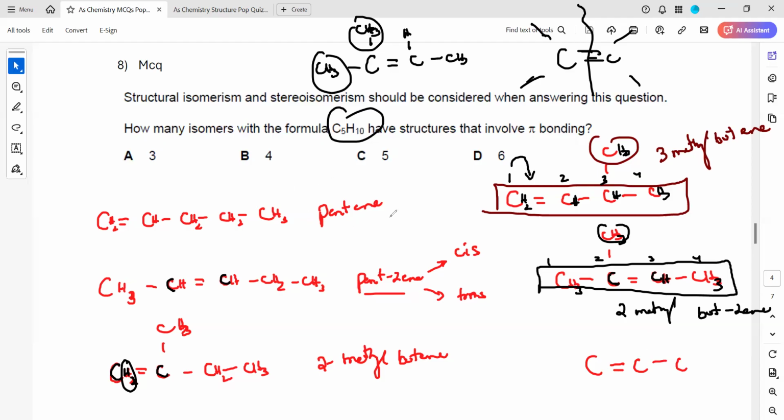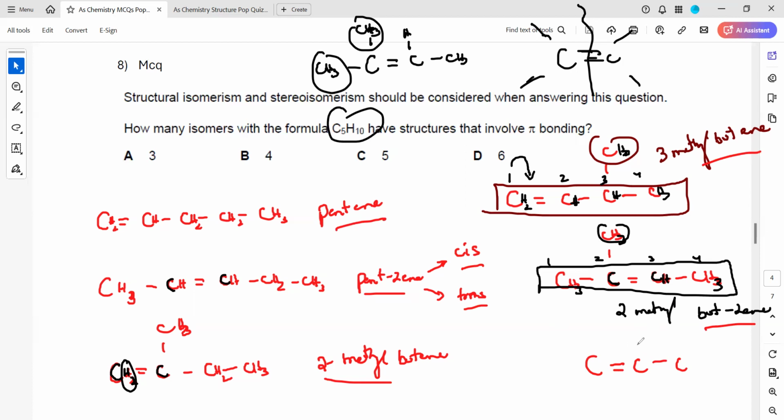There is pentene. Then there are cis and trans pentene. 2-methyl butene is there. 3-methyl butene is there. And 2-methyl but-2-ene is there. Is it clear? This one?